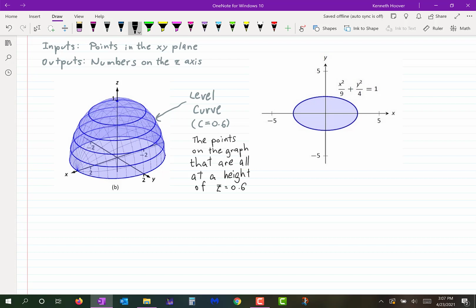Okay, I've been calling them circles, but they're actually not. They are ellipses.